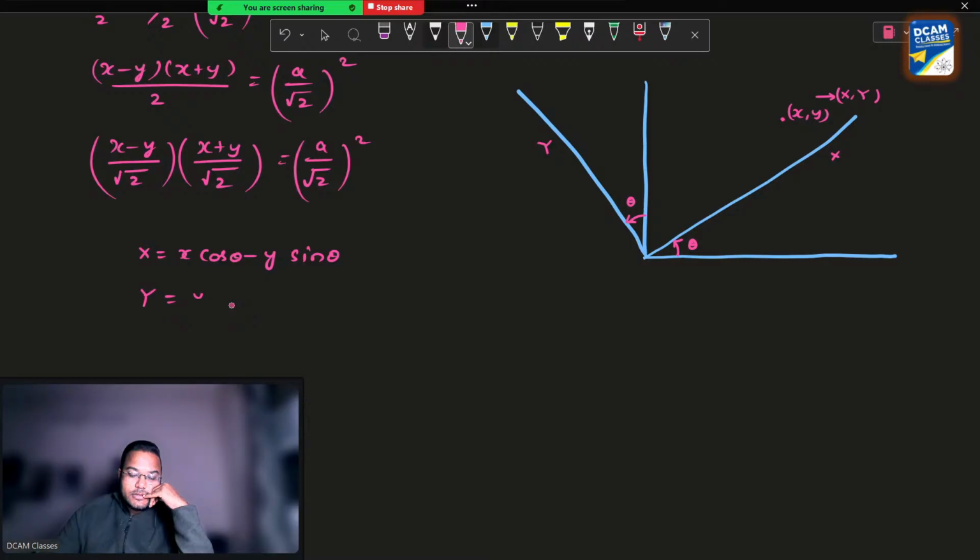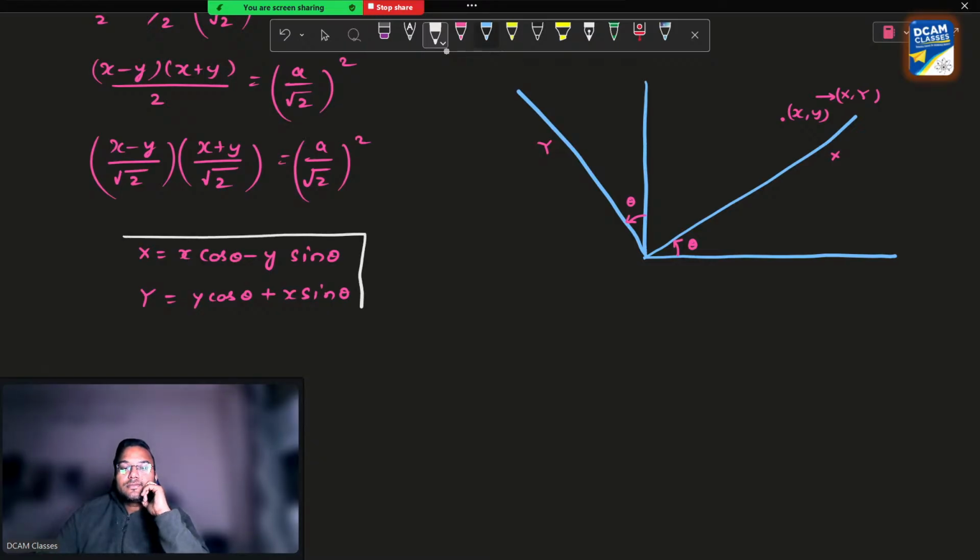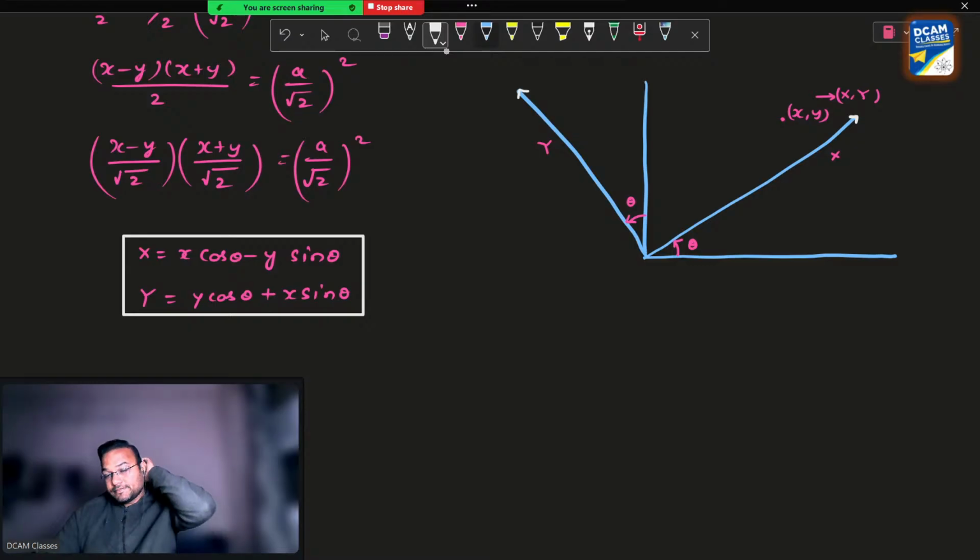Capital Y was equal to y cos theta plus x sin theta. This was the formula of the new coordinates with respect to the old coordinates when we rotate the axis by an angle theta.